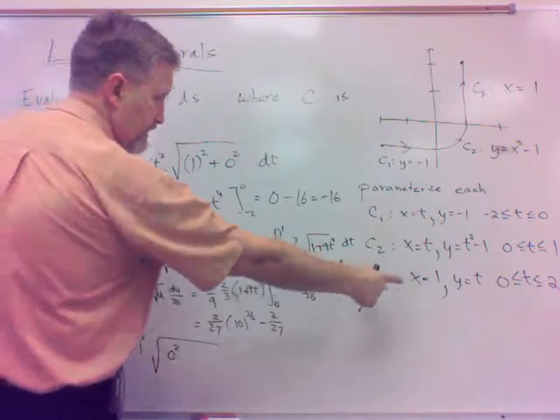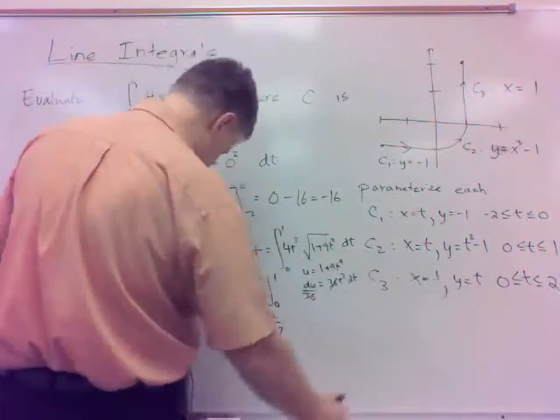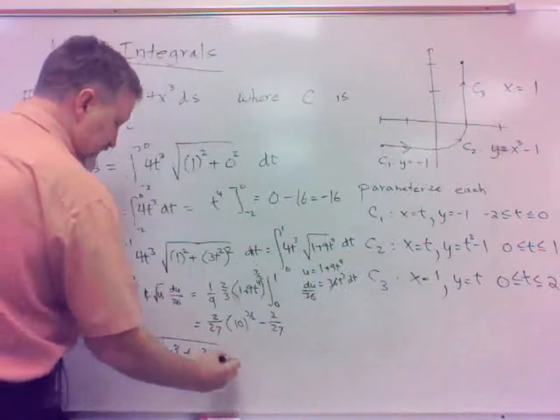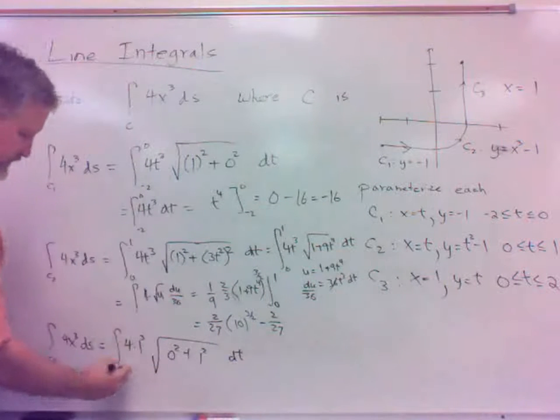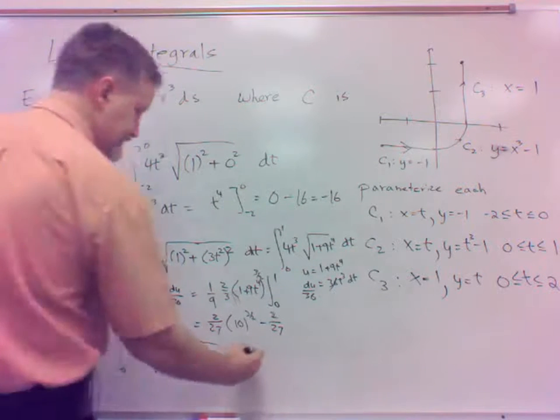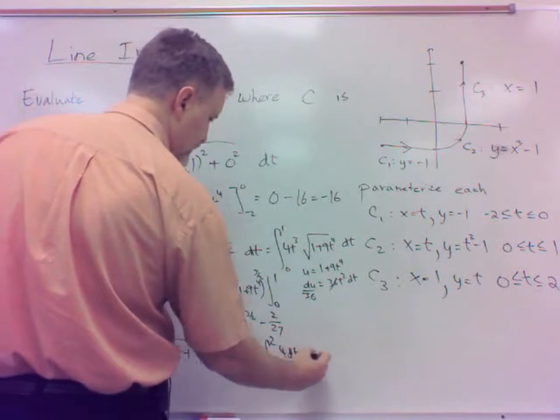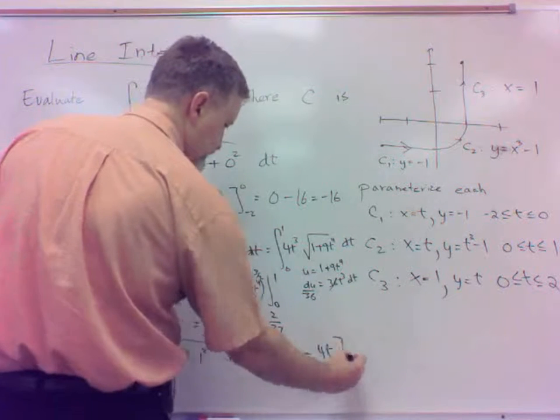The derivative of x is 0 with respect to t, and the derivative of y with respect to t is 1. So not much there, and we're going from 0 to 2 on that. That's just 4 dt, isn't it? It'll be 4t from 0 to 2. That's just 8.